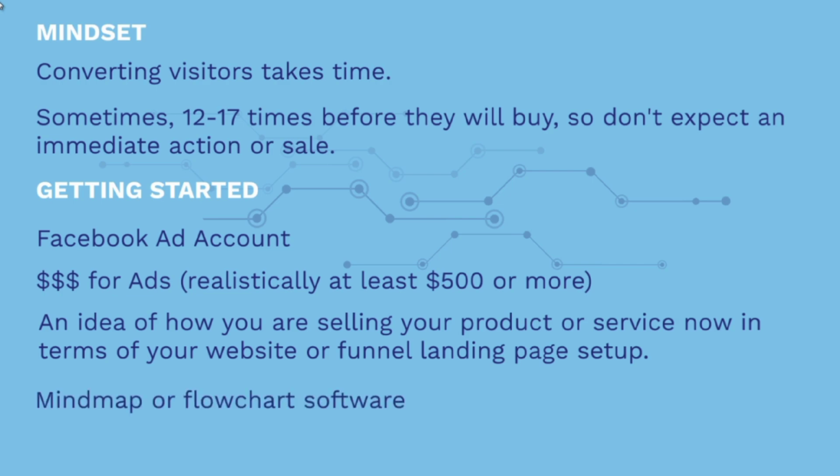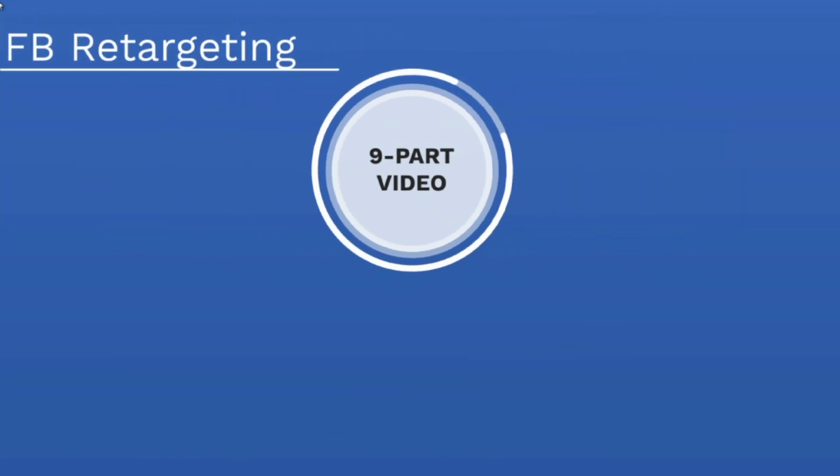And of course, you'll need to have some sort of mind map or flowchart software. The reason for that is it will help you map things out, map your own plan of attack out, so that you will be able to successfully implement everything that we're teaching you.